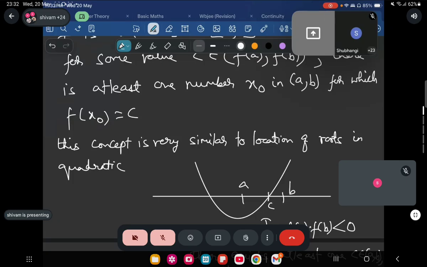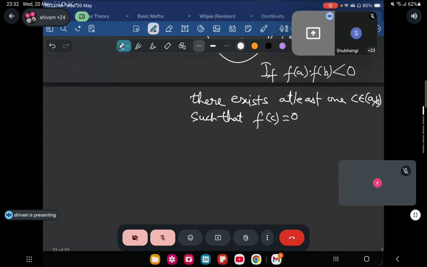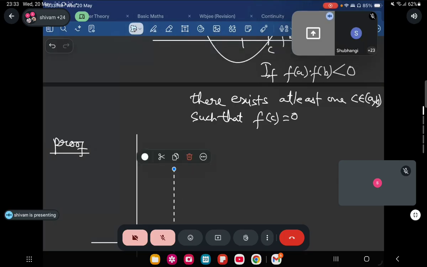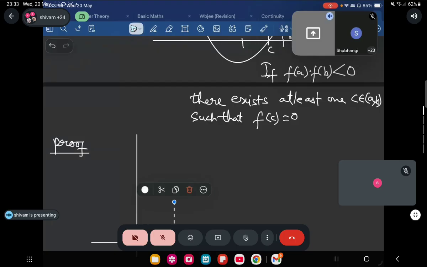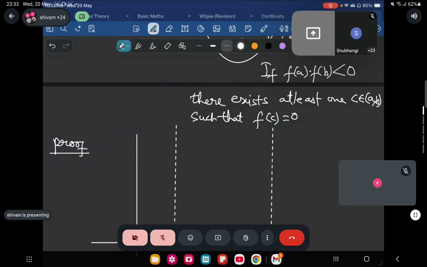So see everyone, I'll show you with the help of the graph how the intermediate value theorem works. Graphical proof. You draw the graph between A and B, any way you want, your choice. Okay, I'm going to draw it like this.